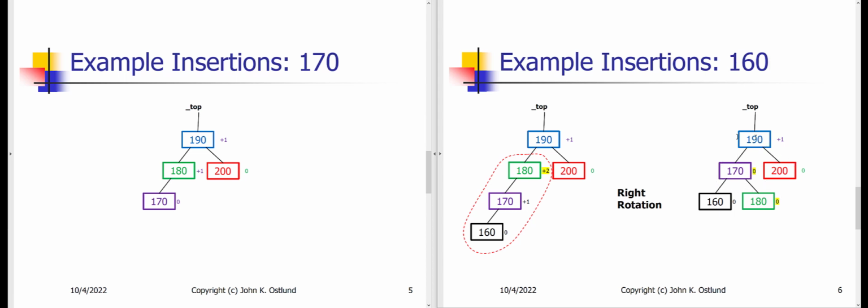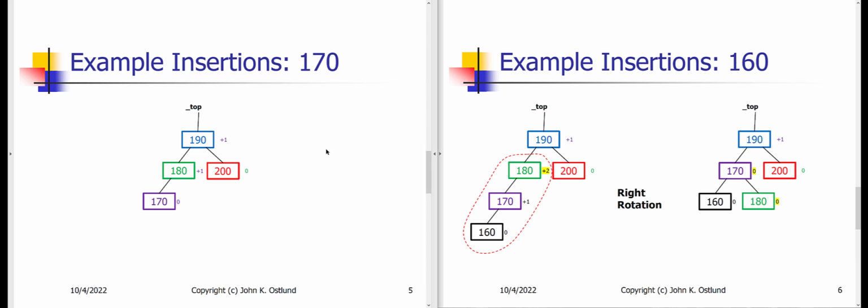And once again, we're back to having an AVL tree. This is not perfectly balanced. Notice that the top of the tree is left heavy, okay? We do have a +1 as the balance factor back up at the topmost node in the tree.